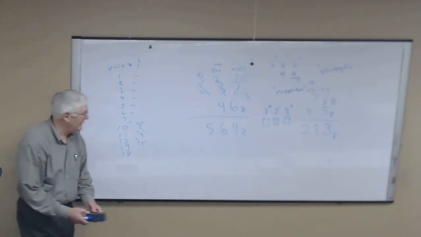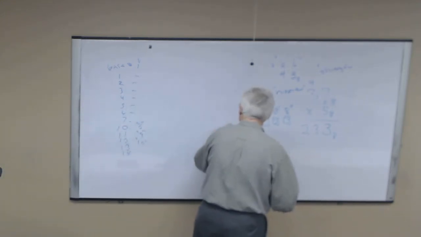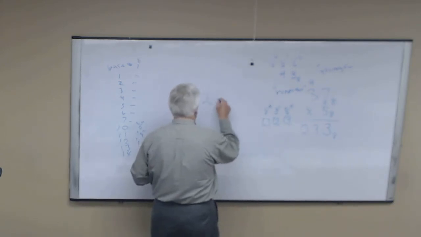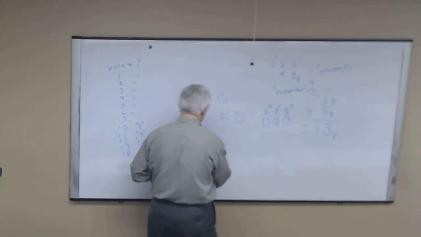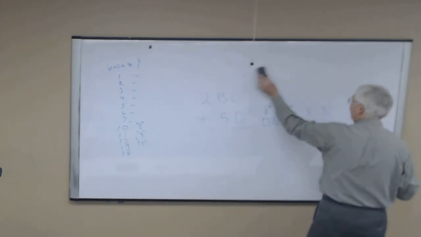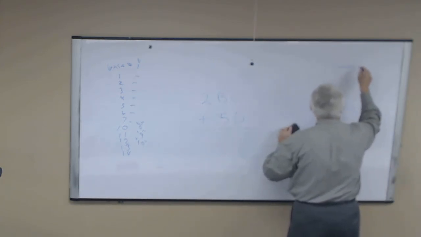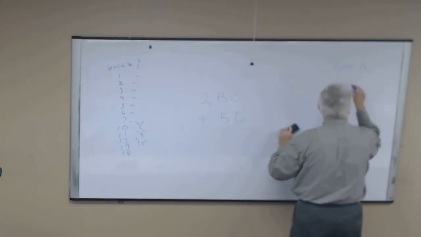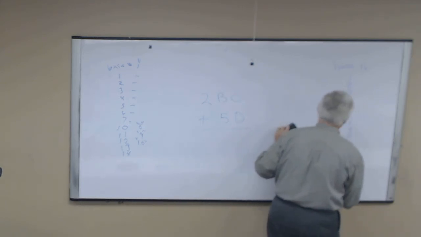2BC plus 5D. And this is in the base 16. So let's just come over here and put our base 16 digits up here. 1, 2, 3, 4, 5, 6, 7, 8, 9, 10, 11, 12, 13, 14, 15.